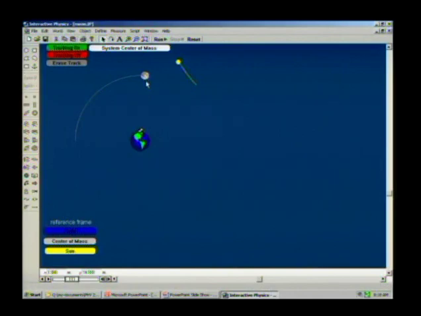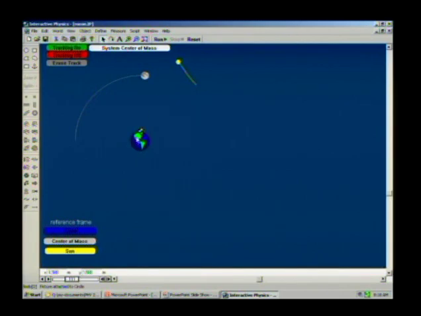Does the acceleration of the Moon make sense? Yes, there is a strong gravitational force. We can ignore the gravitational force exerted by the Sun. There is a strong gravitational force exerted by the Earth, which results in centripetal acceleration. So it looks fine. The motion of the Moon looks fine.